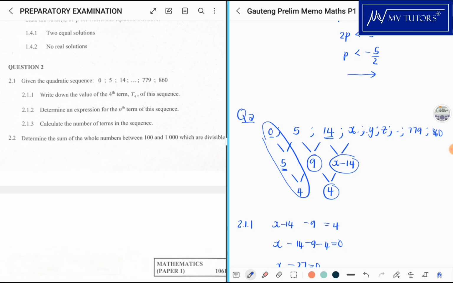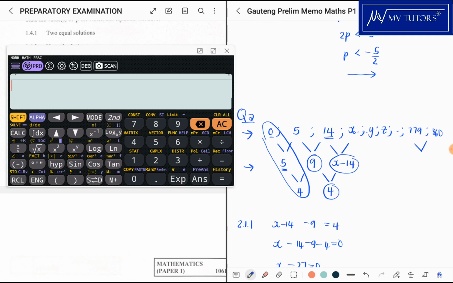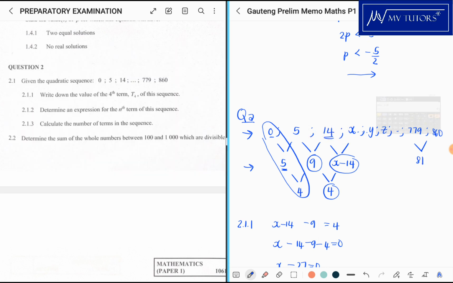You can look at the Tn formula, the quadratic formula, or you can look at the arithmetic sequence. And for that, the last term for the arithmetic sequence will be 860 minus 779, which is 81. I'm going to go with the arithmetic sequence.